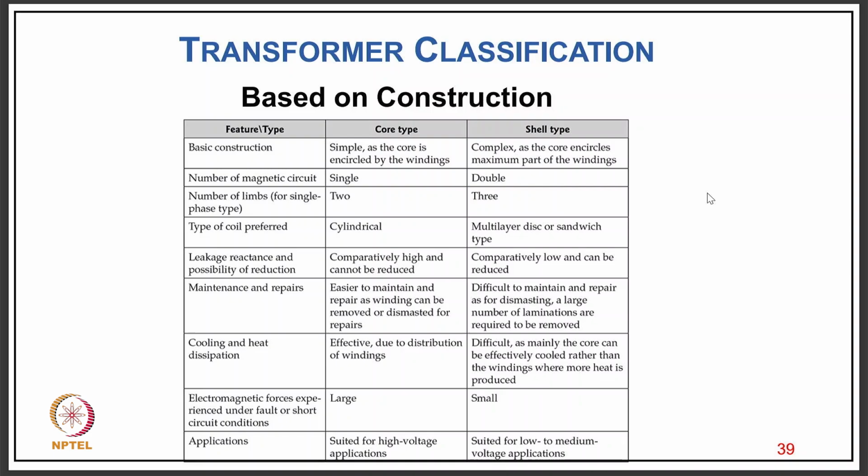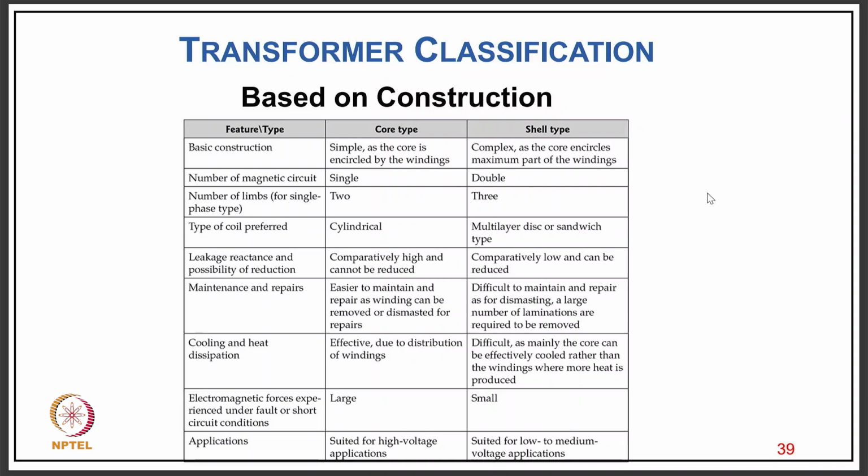The number of limbs in single phase is two in core type, and three in shell type. The type of coil preferred is cylindrical in core type, and in shell type we prefer multi-layer disc or sandwich type, by which we can adjust the leakage reactance. Leakage reactance is comparatively high and cannot be reduced in core type, but is comparatively low and can be reduced in shell type transformer.